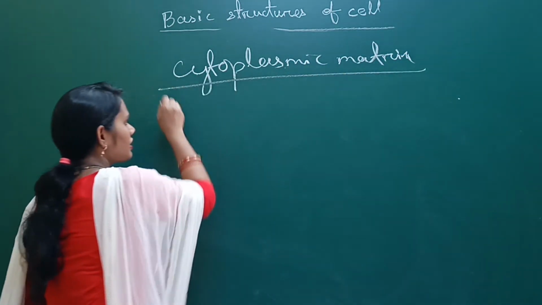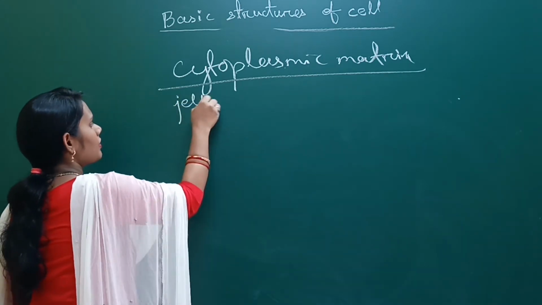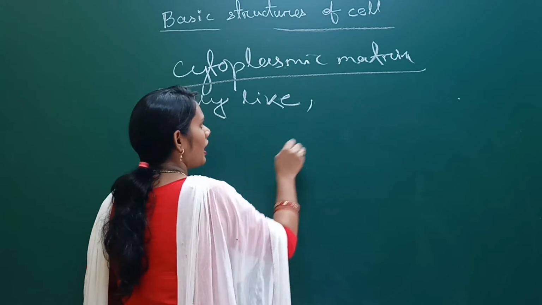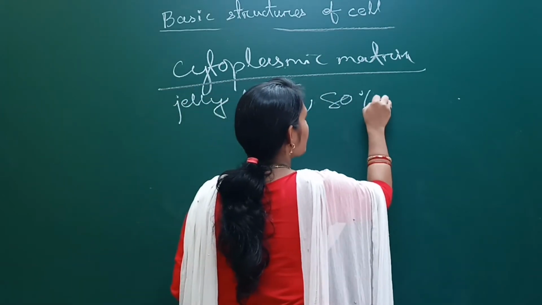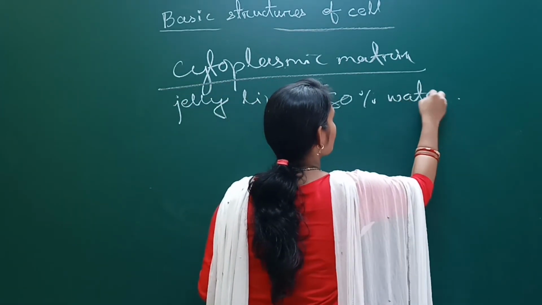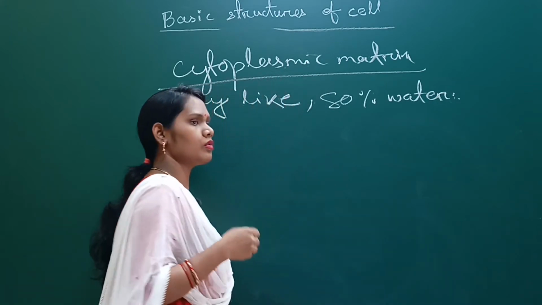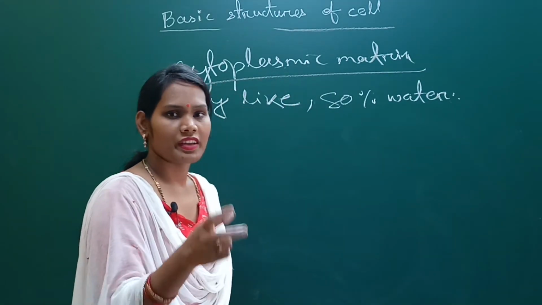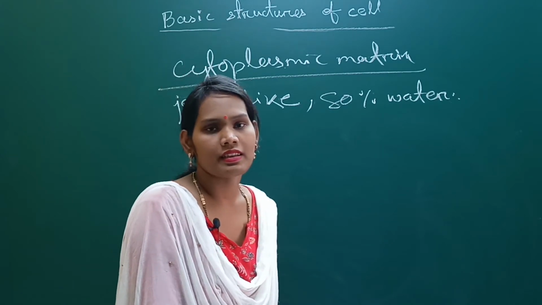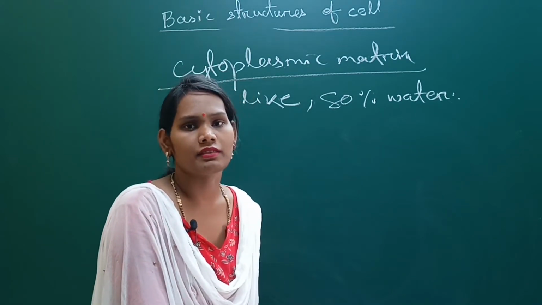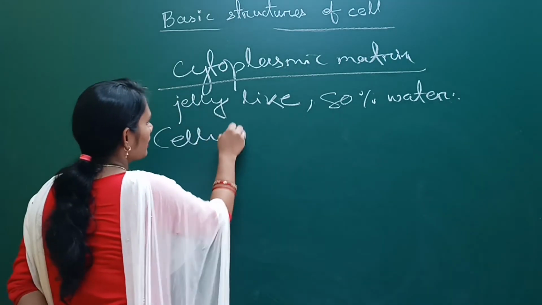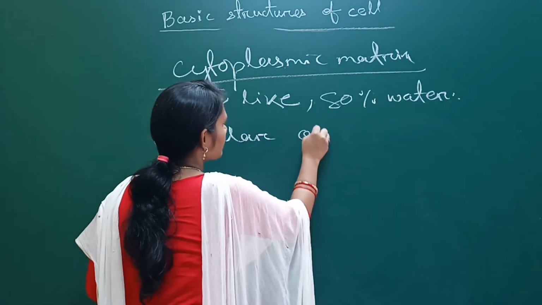This matrix is the semi-fluid and jelly-like substance, and it constitutes about 80% water. Due to the presence of this cytoplasmic matrix, the cytoplasm is a jelly-like substance and it is the fluid content of the cell. Next, the cellular organelles.